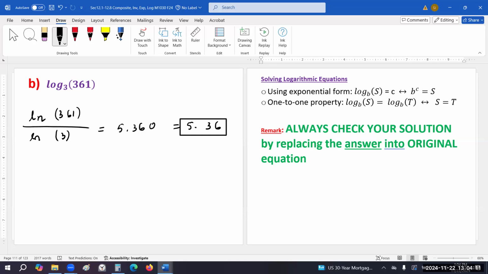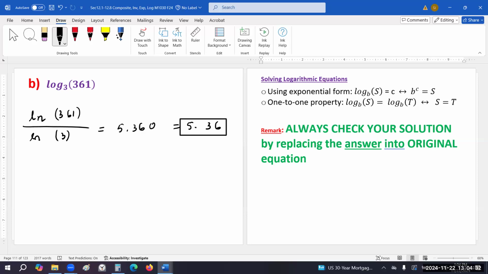So before we go into the logarithmic types, you should remember one rule. As long as the bases are the same, you're allowed to cancel the bases, set the arguments equal to one another, and solve with algebra.